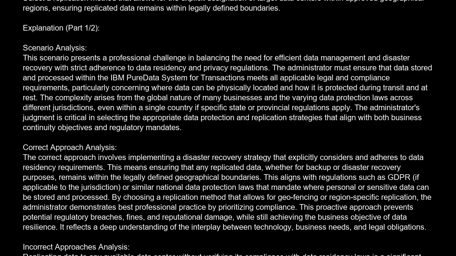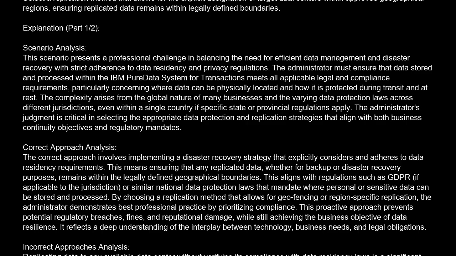The complexity arises from the global nature of many businesses and the varying data protection laws across different jurisdictions. Even within a single country, if specific state or provincial regulations apply, the administrator's judgment is critical in selecting the appropriate data protection and replication strategies that align with both business continuity objectives and regulatory mandates.